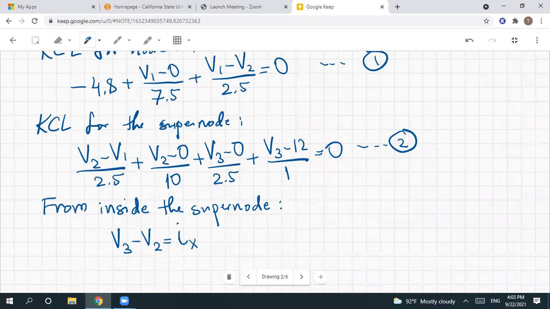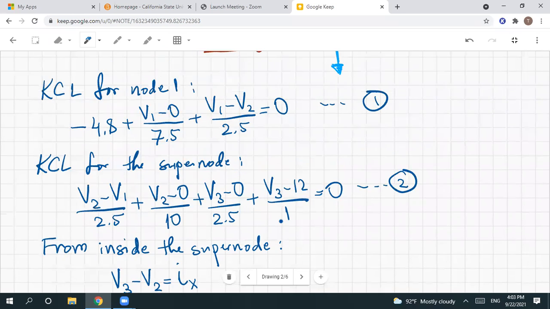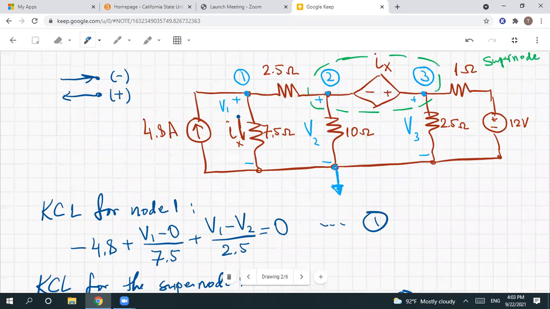But I see that I have the third equation, but in the third equation, I have an additional unknown. So now the unknowns are V1, V2, V3, and IX. So the unknowns are 4. So I need to get rid of IX. And I go back to the circuit and I figure out that IX is this current. And this current can be represented as what? V1 minus 0 over 7.5.